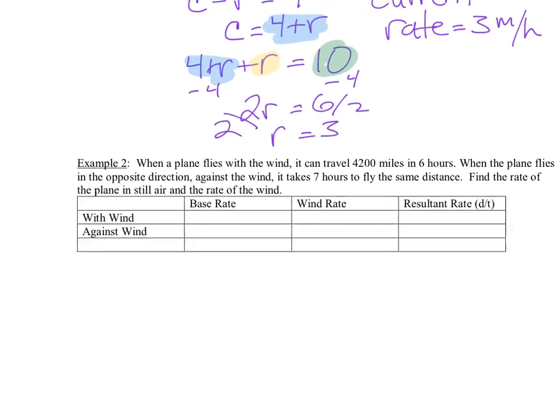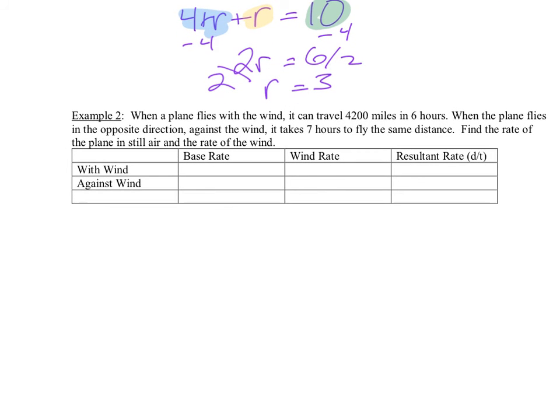All right, let's look at number 2. When a plane flies with the wind, that's going to be the base rate plus the wind rate. Okay? And against the wind is going to be the base rate minus the wind rate. All right?